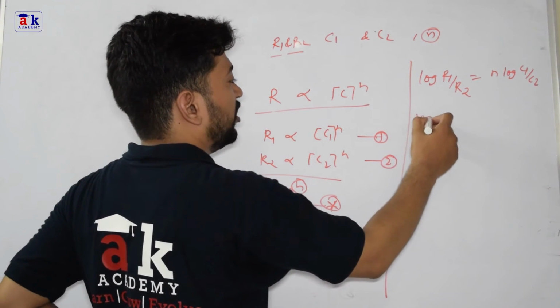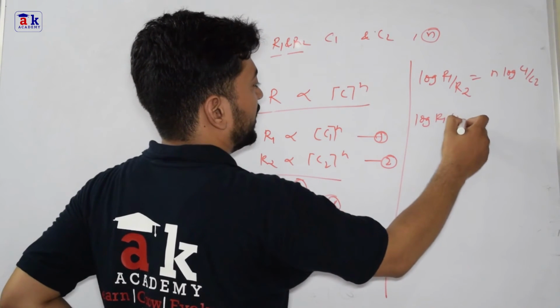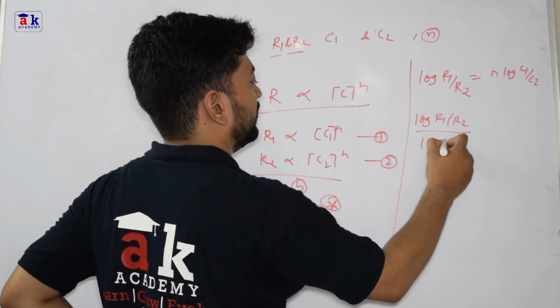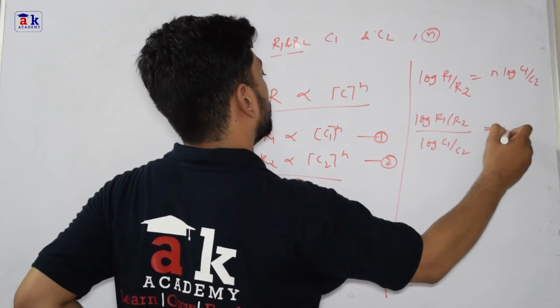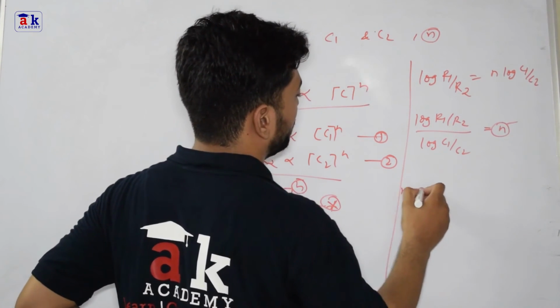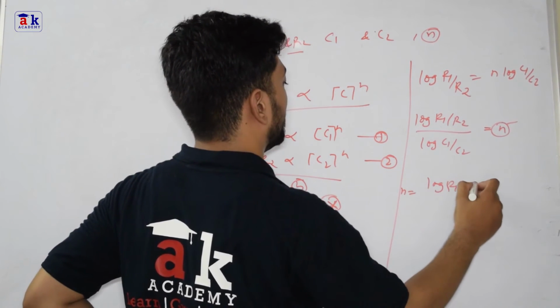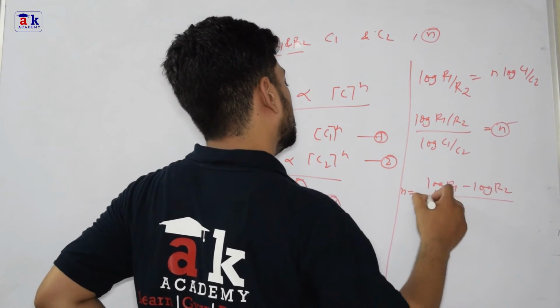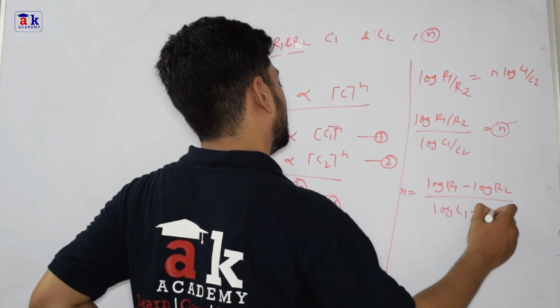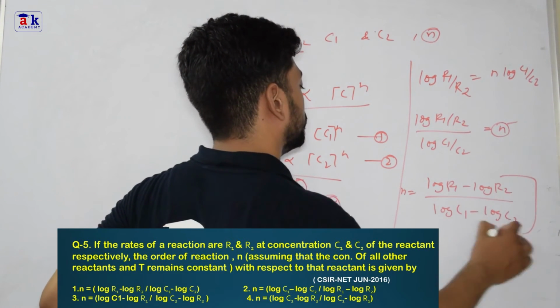So log R1 divided by R2 divided by log C1 divided by C2 is equal to n, where n is the order. So n will be equal to log R1 minus log R2 divided by log C1 minus log C2. So this is the answer.